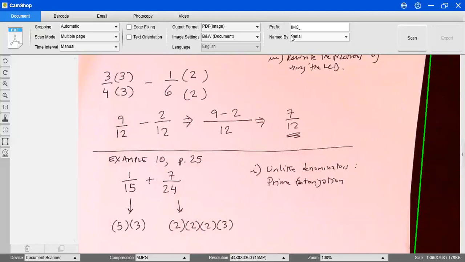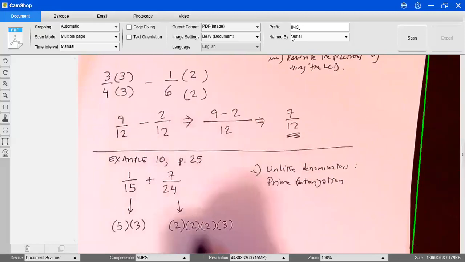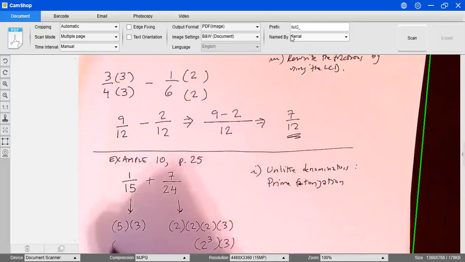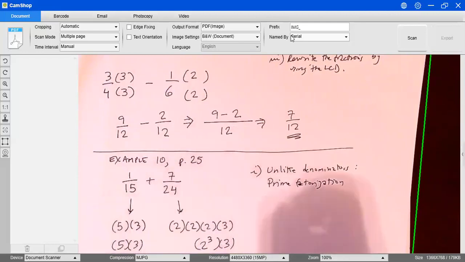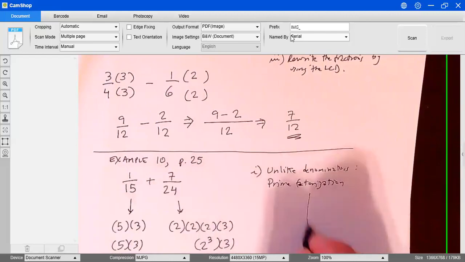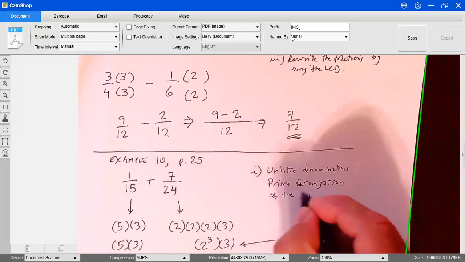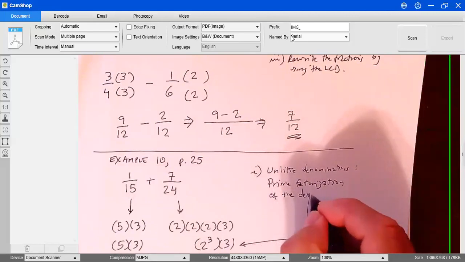So using only prime numbers, you can write 24 as 2 to the third power times 3, and this is just 5 times 3. So these are the prime factorizations of the denominators.